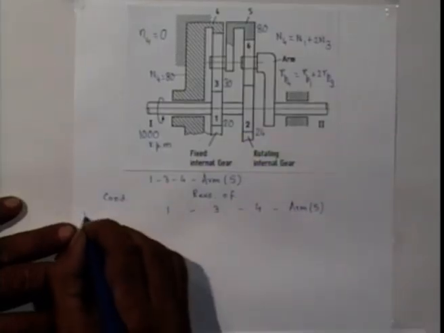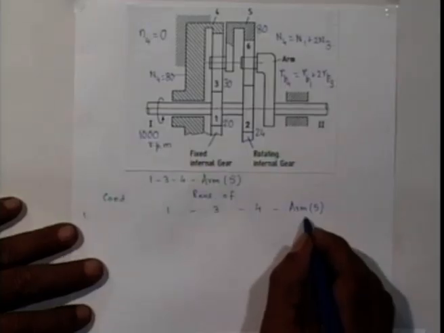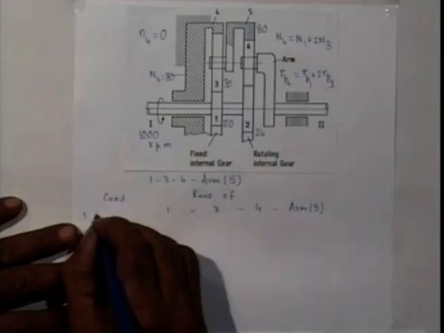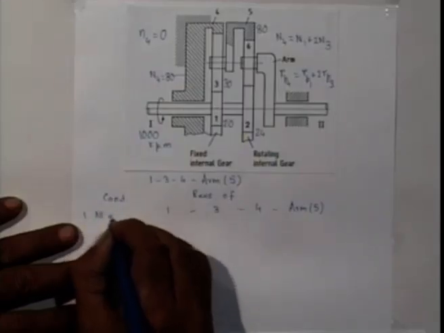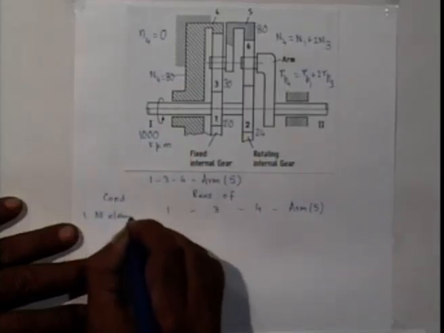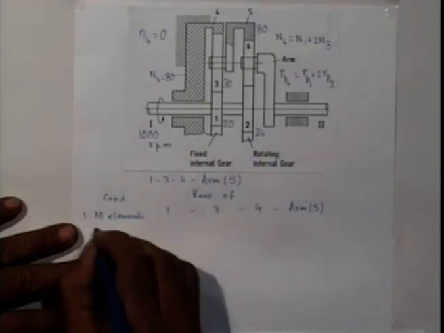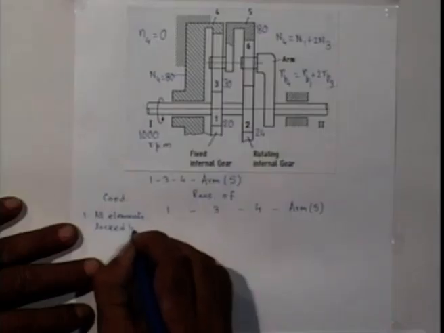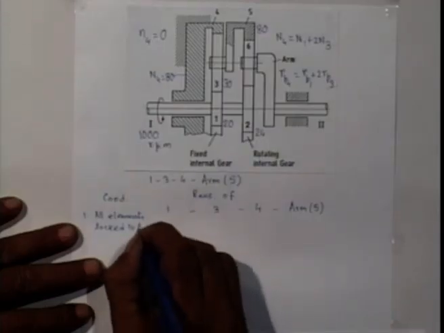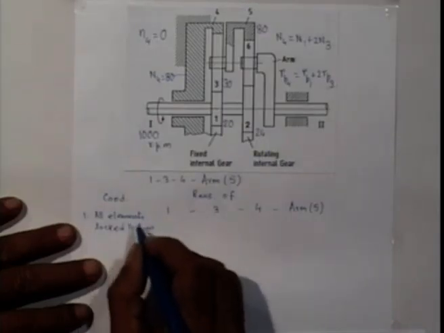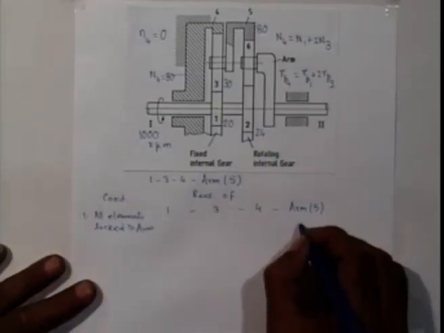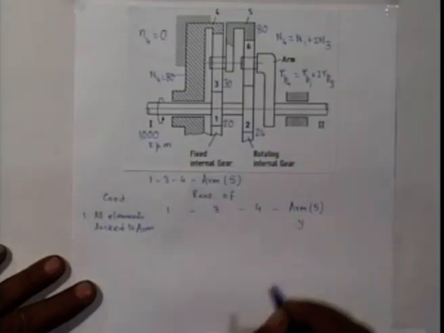So first condition is lock this arm, lock all the elements to this arm, all elements locked to arm. After locking all the elements to the arm, you give y revolution to the arm.